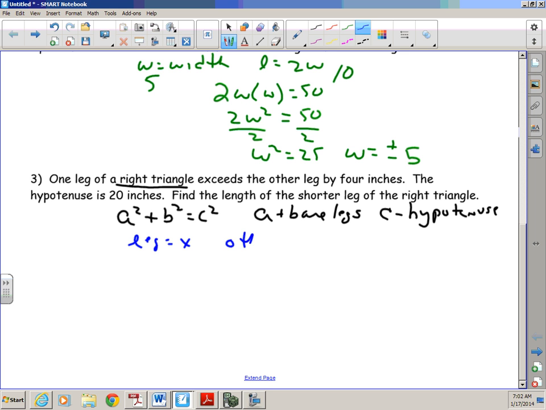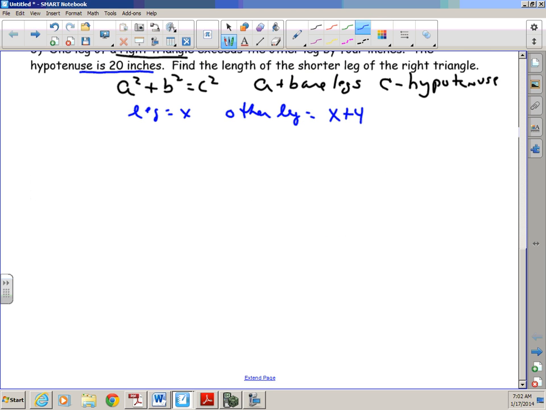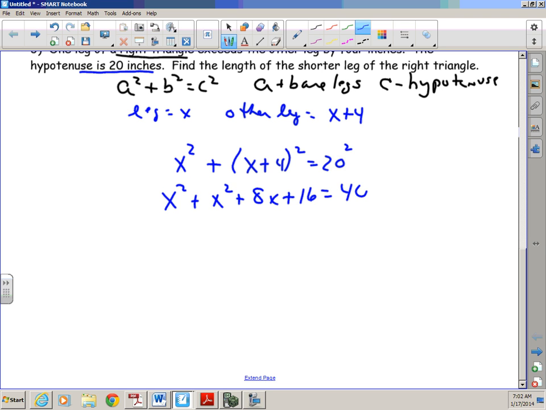The other leg exceeds the first by 4, so that means x plus 4. The hypotenuse is 20, so my equation is x squared plus (x plus 4) squared equals 20 squared. Remember, you have to FOIL x plus 4 so that you get x squared plus 8x plus 16 equals 400. 2x squared plus 8x minus 384 equals 0. Divide everything by 2.